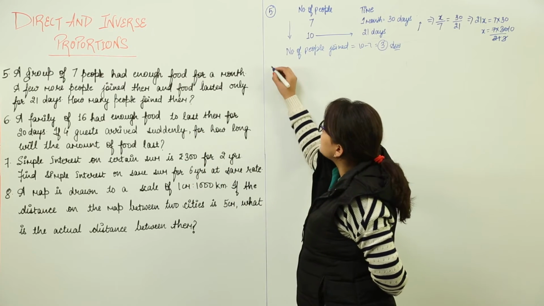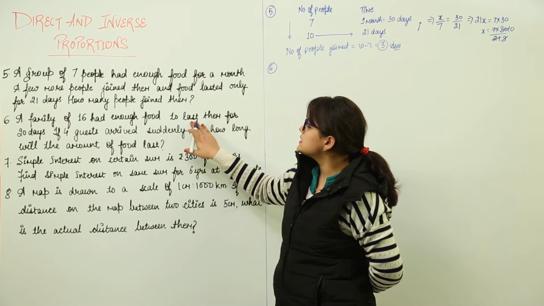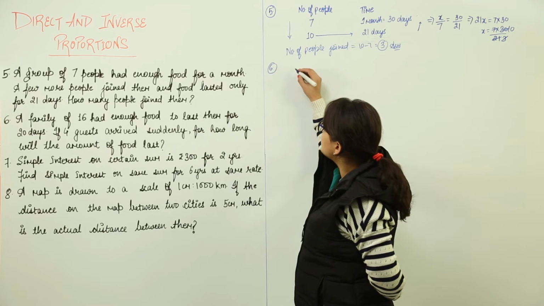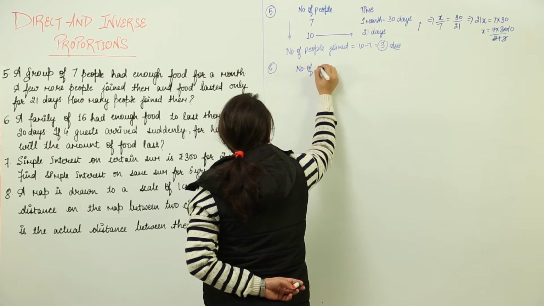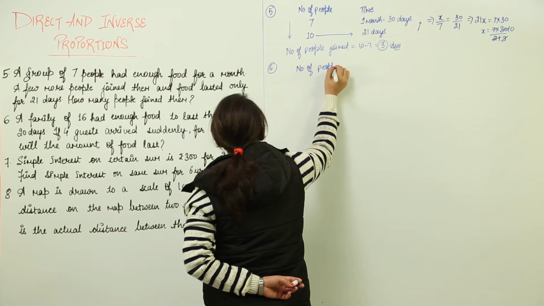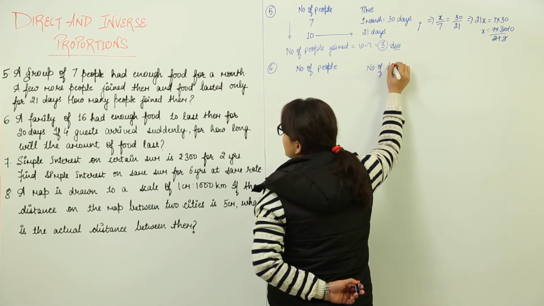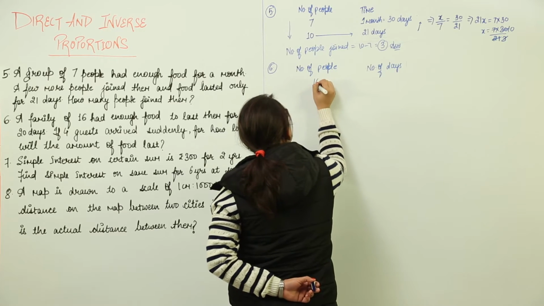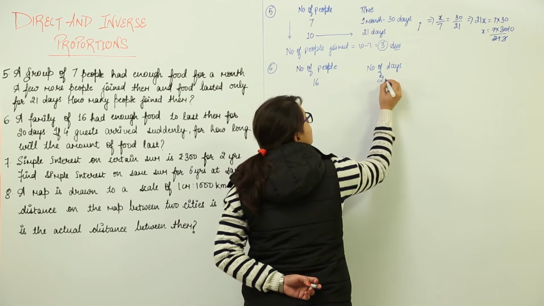It says that a family of 16 had enough food to last them for 20 days. Now again they are asking the same relation. So I'll write number of people in the family on one side, and on the other side the number of days. So let us write the 16 people. If the number of people is 16, the food is going to last for 20 days.